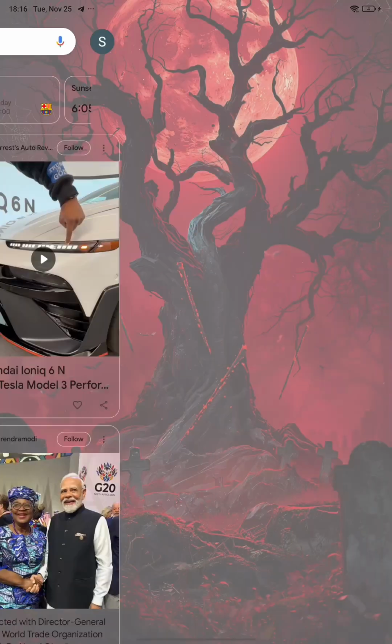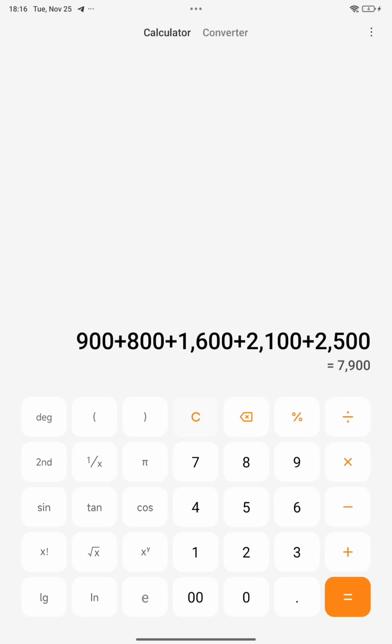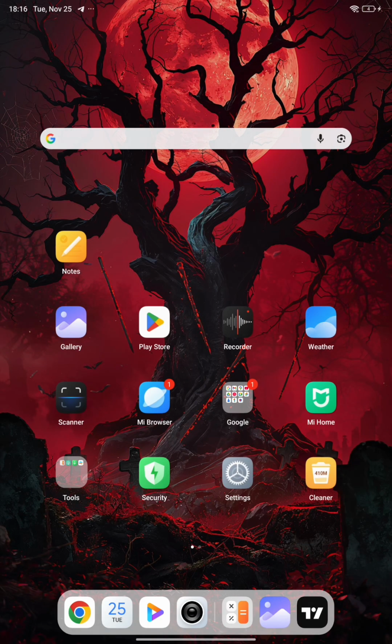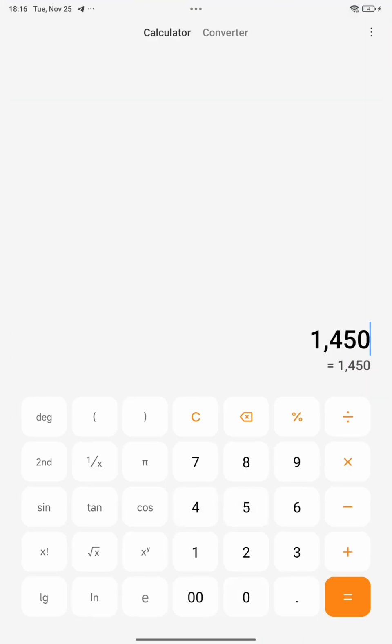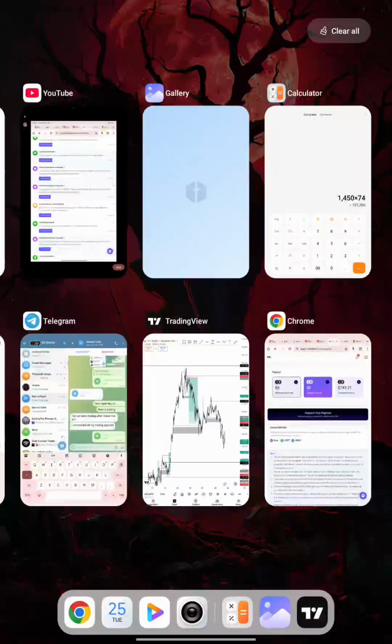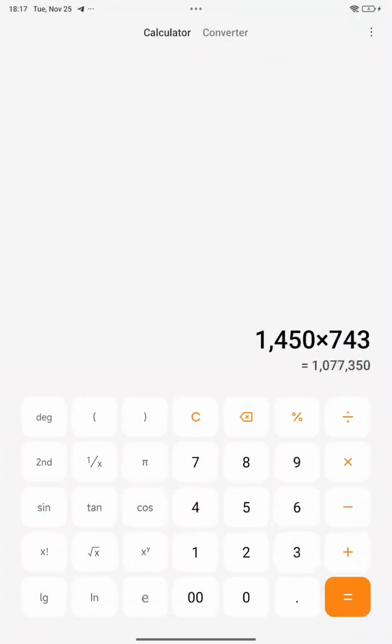How much is it in Naira? Let's go 1450 times 743. So this is approximately 1,077,000 in 1 month from a 5k account.